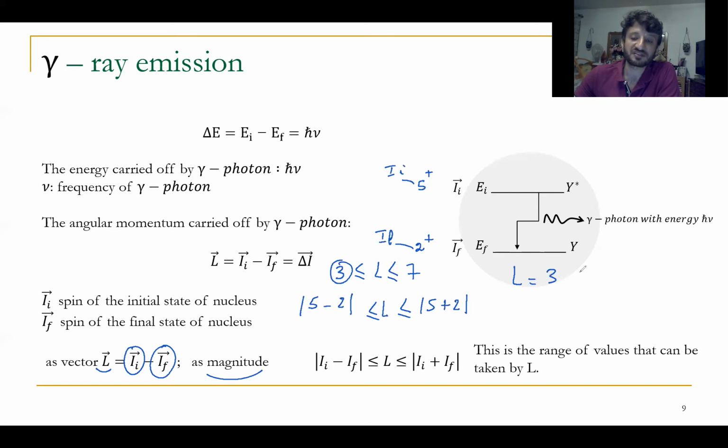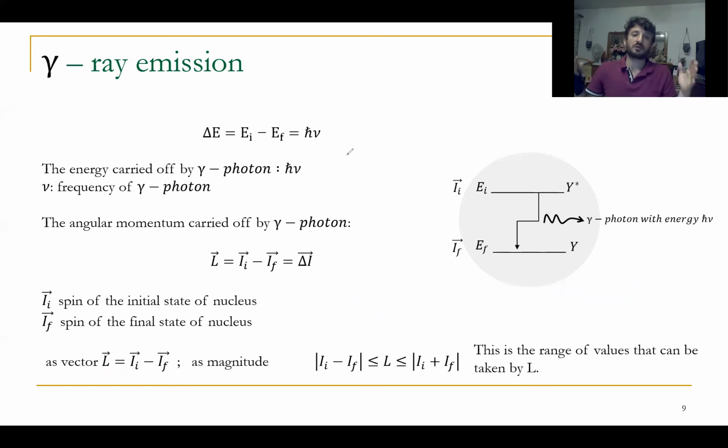We have 3, 4, 5, 6, 7. These are the possible values of L. L can take any of these values. Now you know the values of L as magnitude and the value of L as vector quantity.